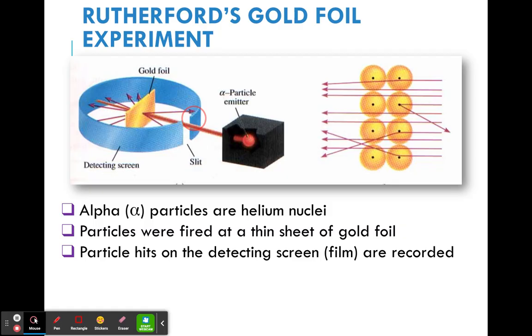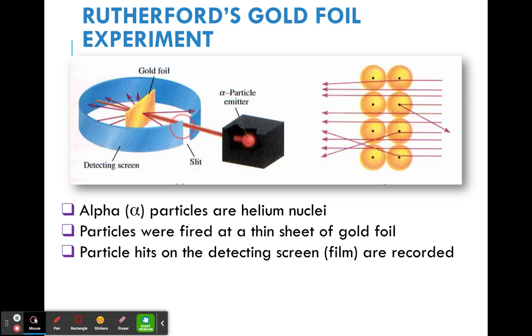And what he noticed after the experiment is that you would get these light spots on the screen, and that's where the alpha particles hit. And the amazing thing that he discovered is that although over 90% of the alpha particles shot right through and didn't really deflect much at all when they went through the gold foil, much to his surprise, you did get large deflections every now and then, almost right back at the alpha emitter.